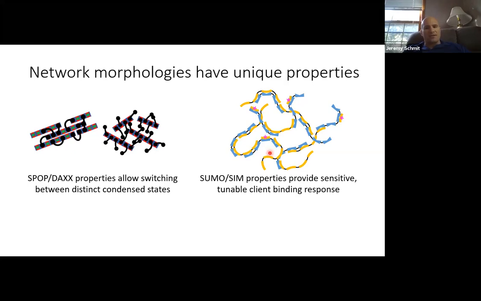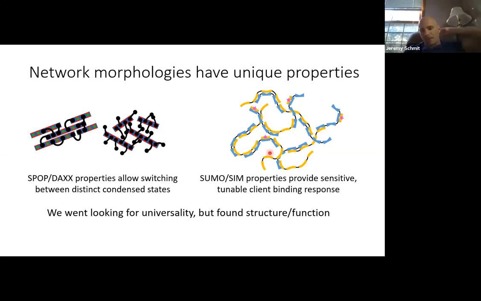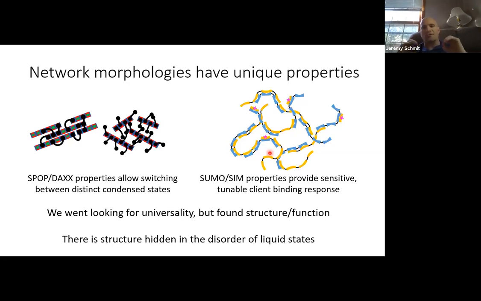So to summarize this story, we went into these projects looking for universal behavior. We went looking for universal physics principles, and instead what we found was structure-function. Okay, and so the bottom line here is that despite the fact that these are liquid states, there's structure hidden inside there, embedded within this apparent disorder, and this has functional features.